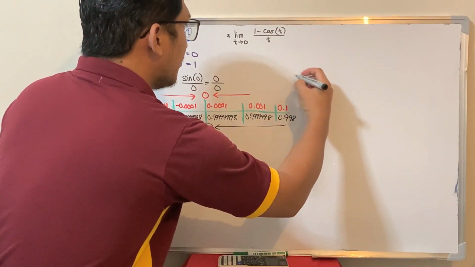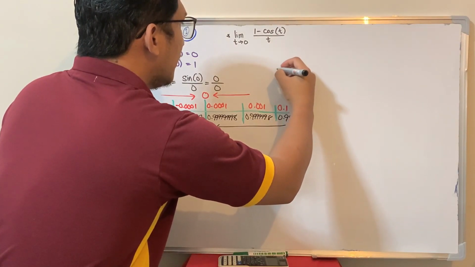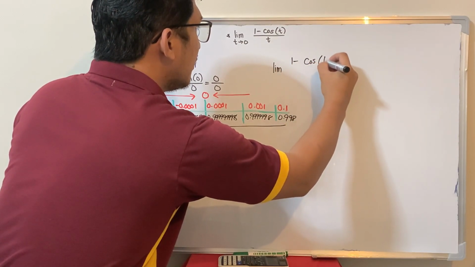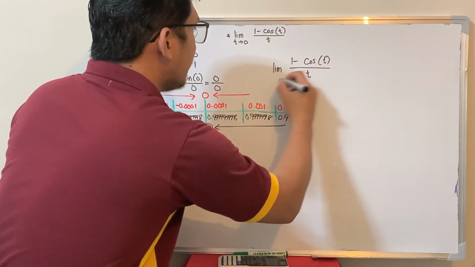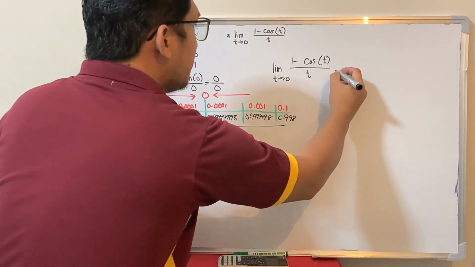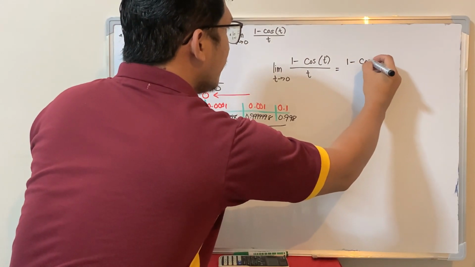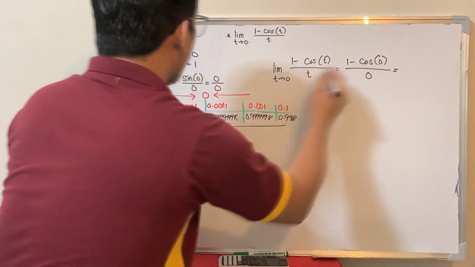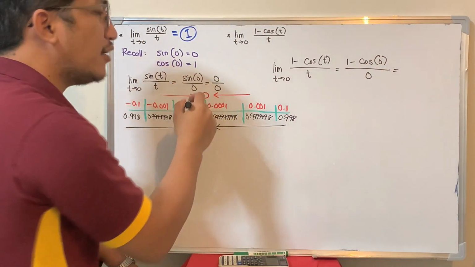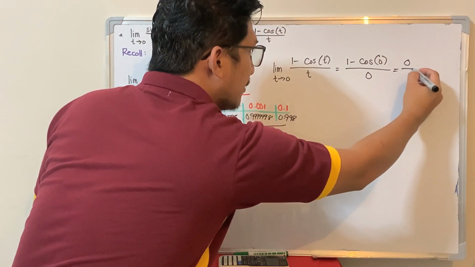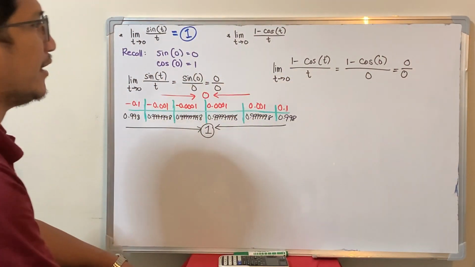When you substitute the value 0, this becomes 1 minus cosine 0 all over 0, and then remember cosine 0 is equal to 1. You may use your calculator if you want. So 1 minus 1 is 0, of course. You have 0 over 0 again, which is indeterminate.